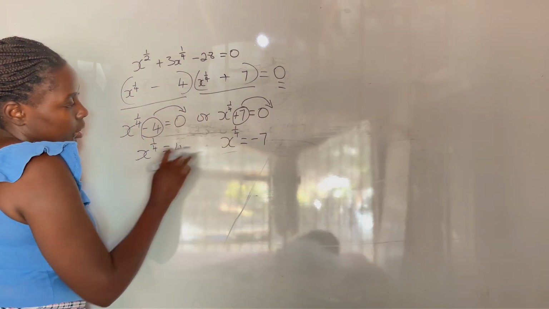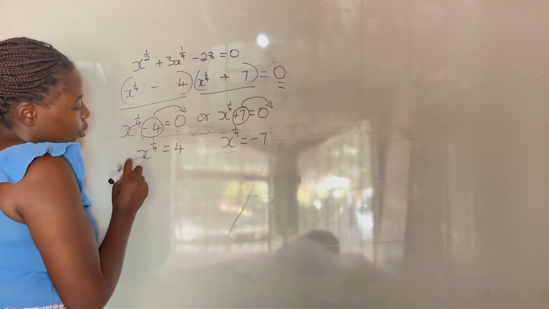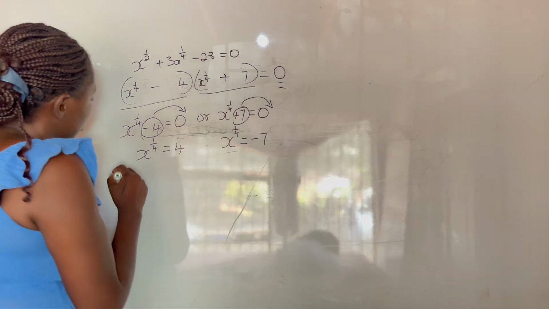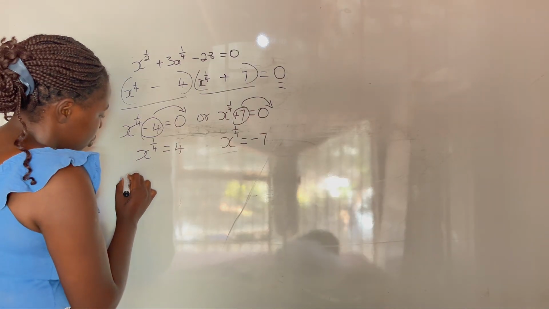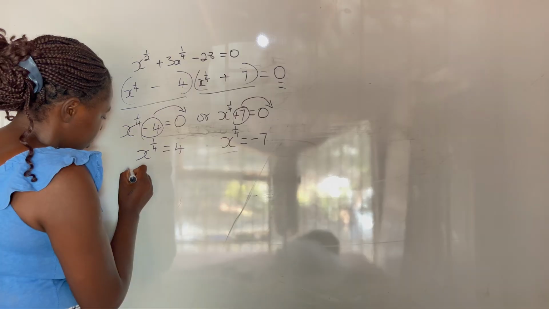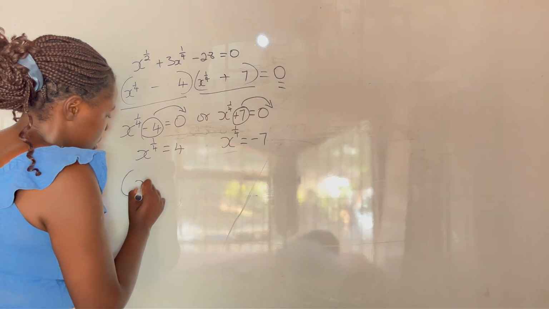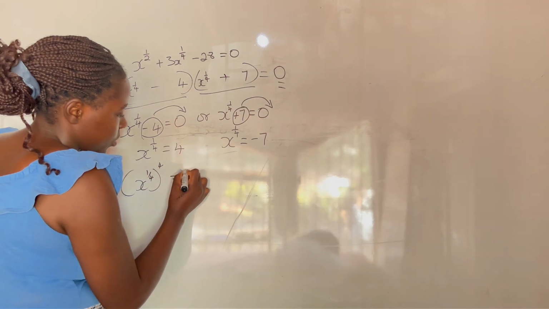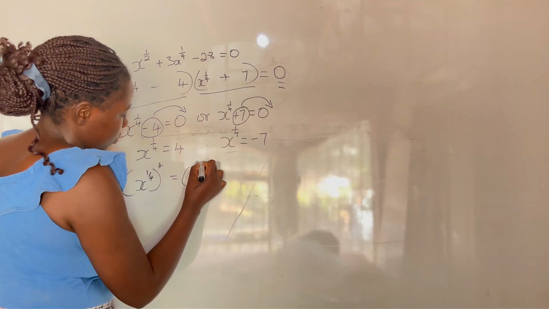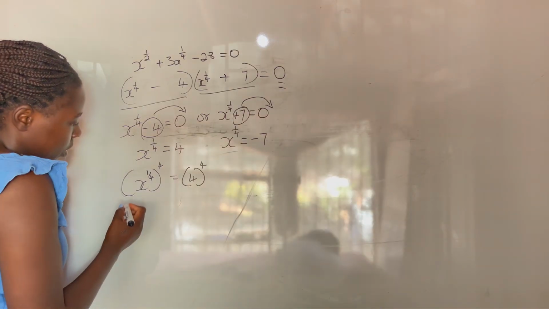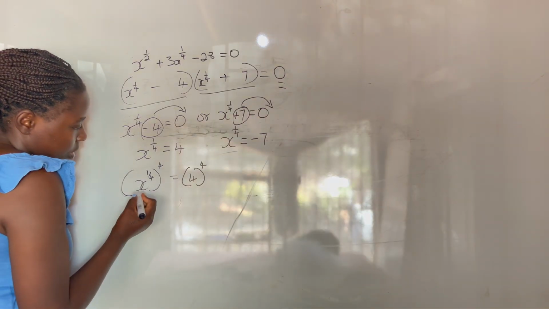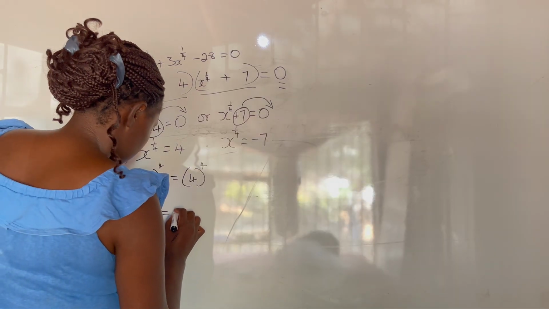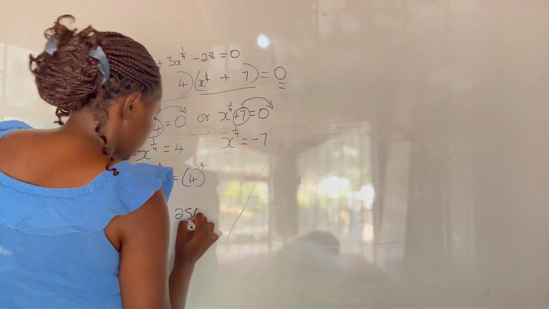So here, remember, our main goal is to be left with x only, not x to the power 1/4. So here we will have to introduce a bracket. So it will be x^(1/4) is equal to 4, then here we'll be left with x is equal to 256.